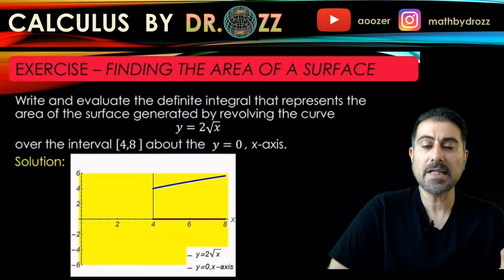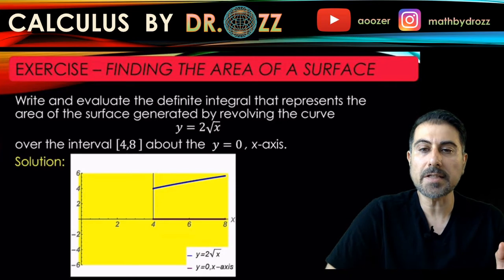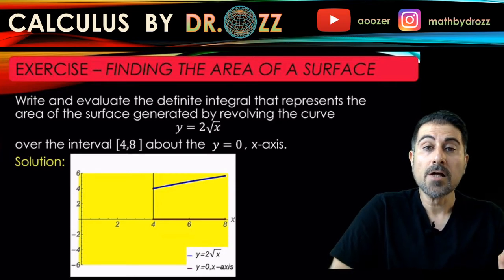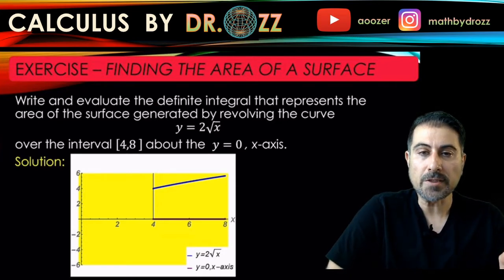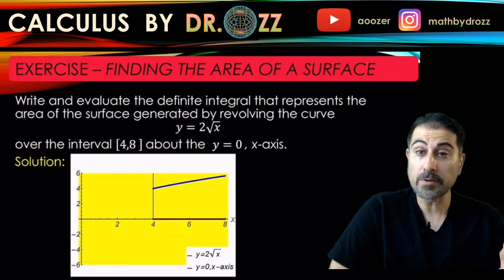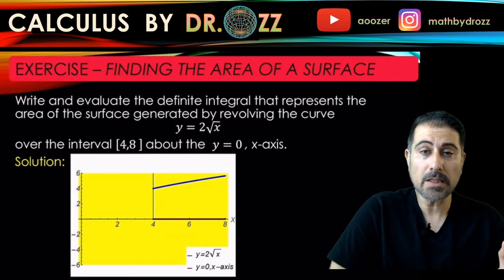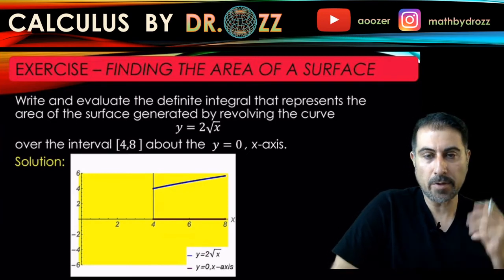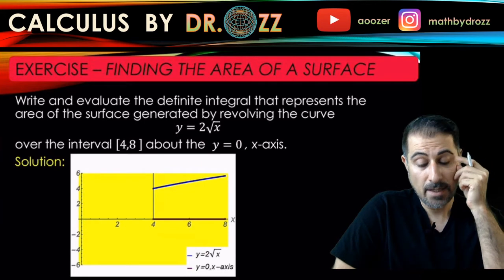All right, let's look at this exercise. Evaluate the definite integral that represents the area of the surface generated by revolving the curve y equals 2 radical x over the closed interval 4 and 8, about y equals 0, which is the other name of the x-axis.